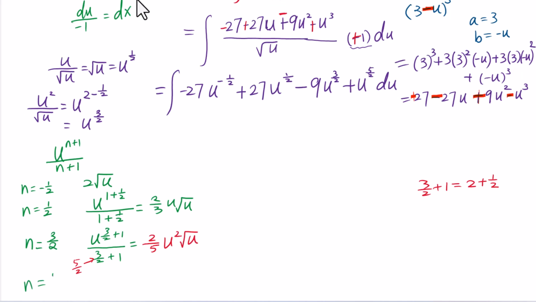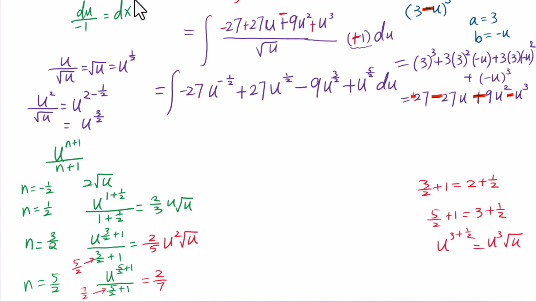When n equals 5 over 2, we got u to the power of 5 over 2 plus 1, all over 5 over 2 plus 1. This is 7 over 2, so we get 2 over 7. 5 over 2 plus 1, mixed fraction is 3 plus 1/2. So u to the power of 3 plus 1/2 equals u to the third power square root of u.